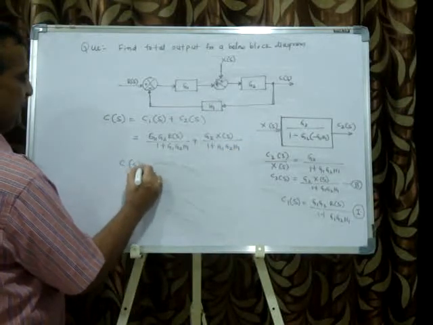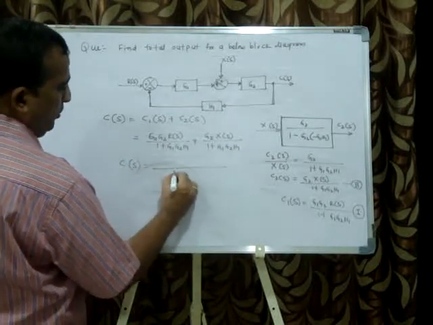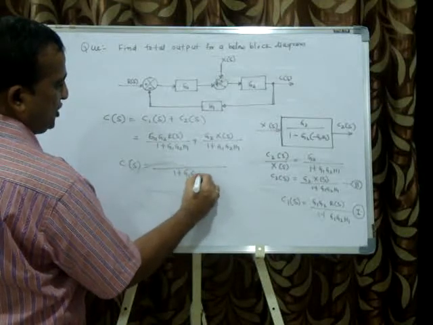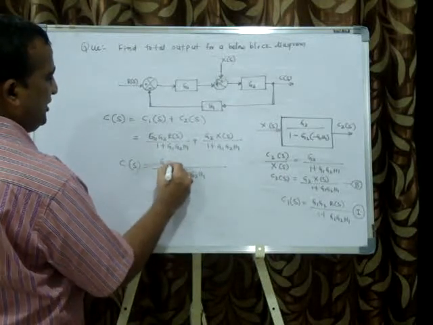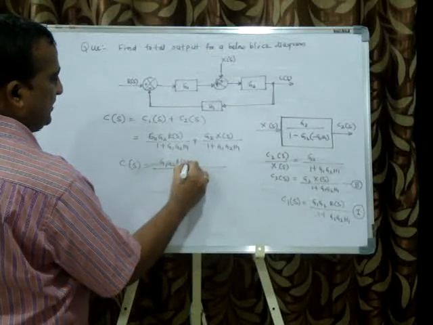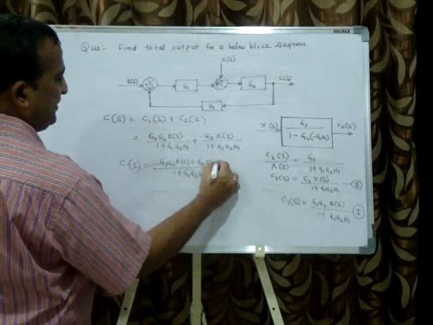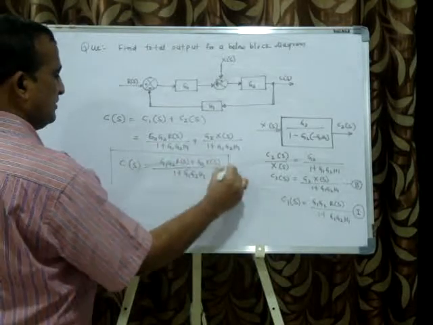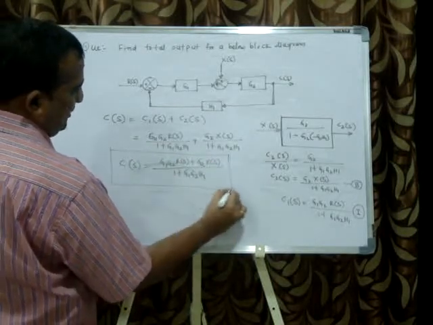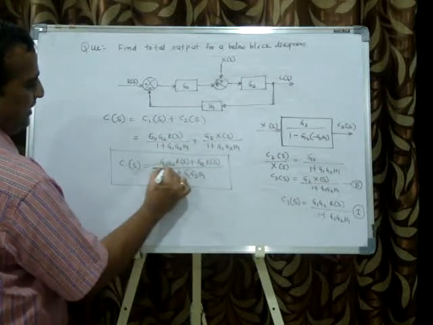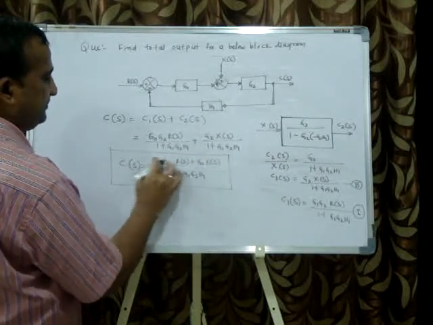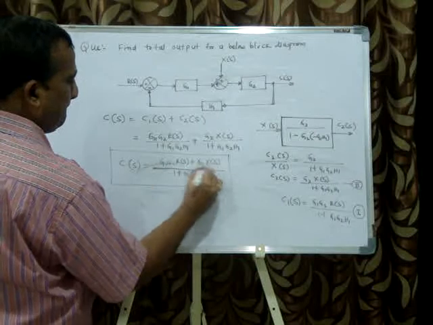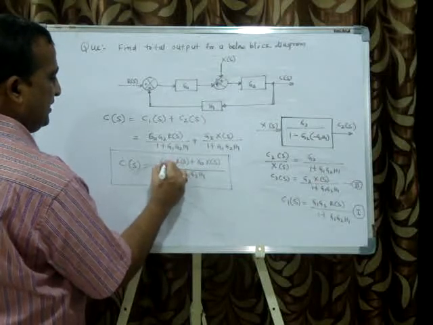Finally, C of s equal to G1 G2 R of s plus G2 X of s, all divided by 1 plus G1 G2 H1. This is the final output. This is the method to find the total output.